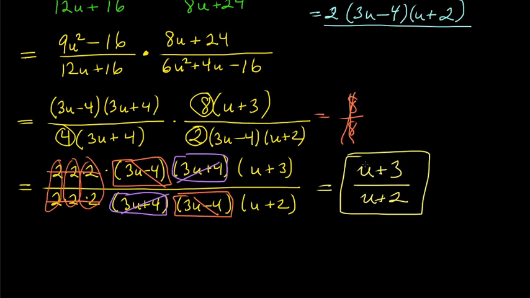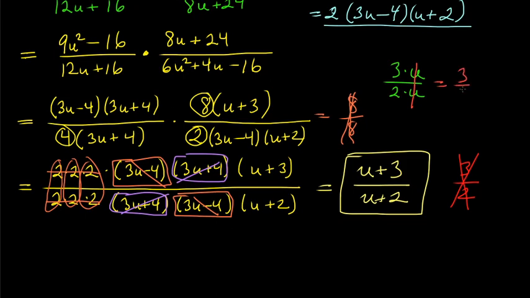Okay, be careful because it's very tempting to cancel the u's, but those aren't factors, those are terms. If you cancel those, if you end up with 3 over 2, that's wrong. Okay, so you cannot cancel the u's because you're not multiplying, you're adding, right? Think of it this way. If it was 3 times u over 2 times u, yes, then you can cancel the u's, right?